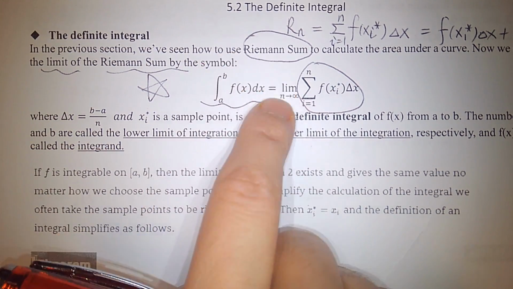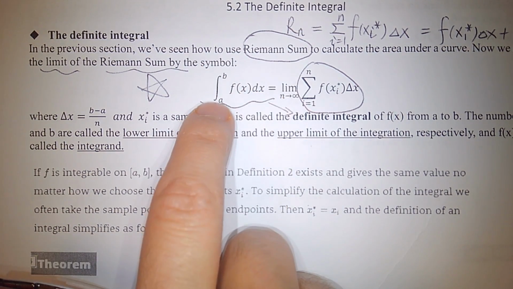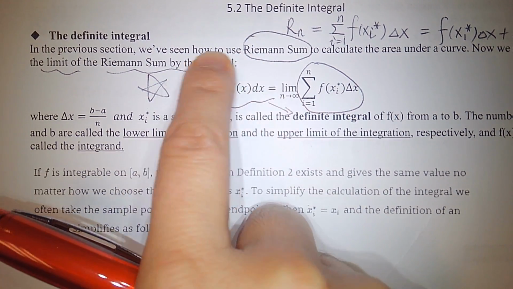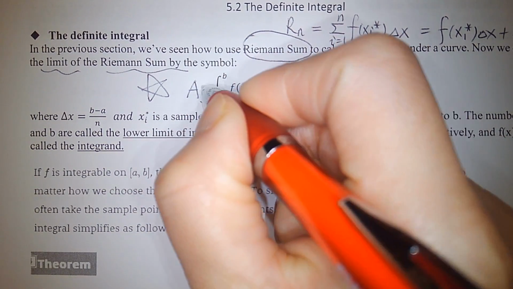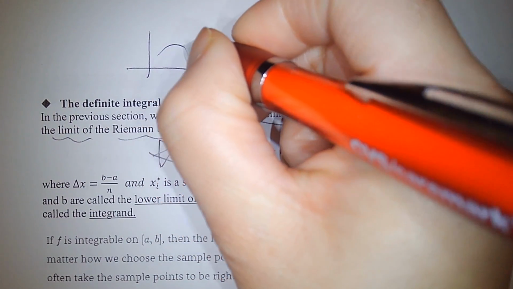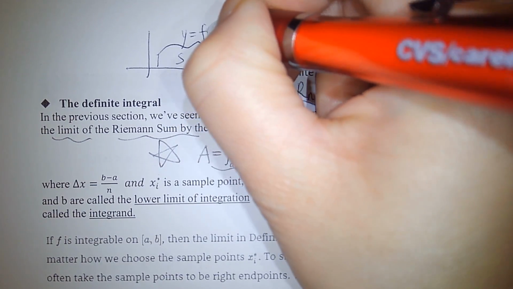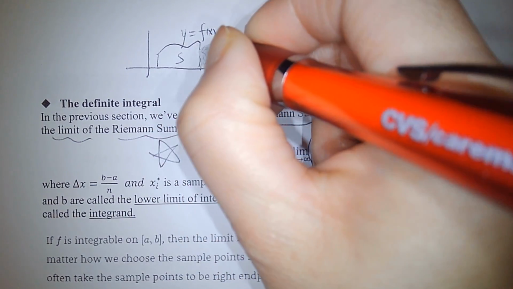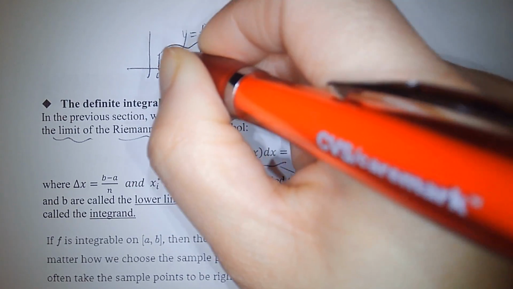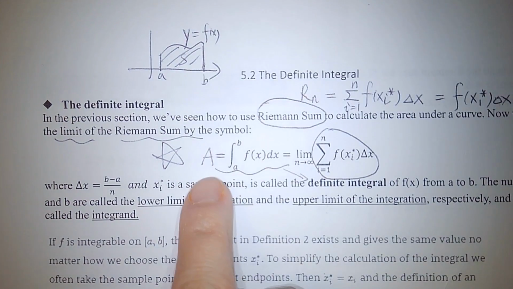So now we know how to define a definite integral: the integral of f of x dx from a to b. What is the geometric meaning of this definite integral? It is the area of the region S, which is bounded by y equals f of x and y equals 0, and by x equals a and x equals b.